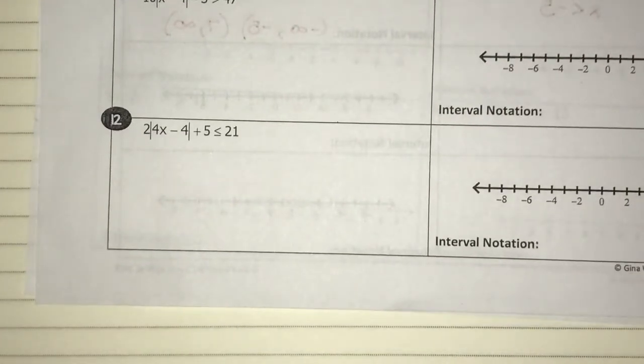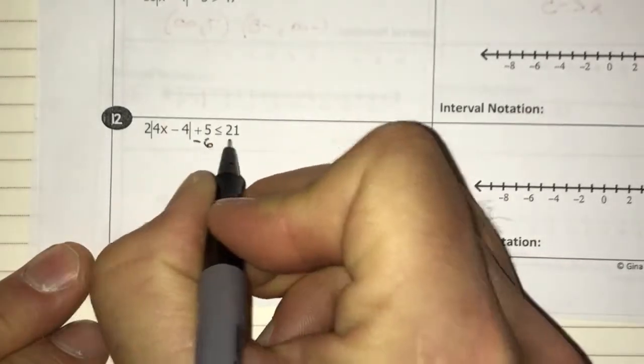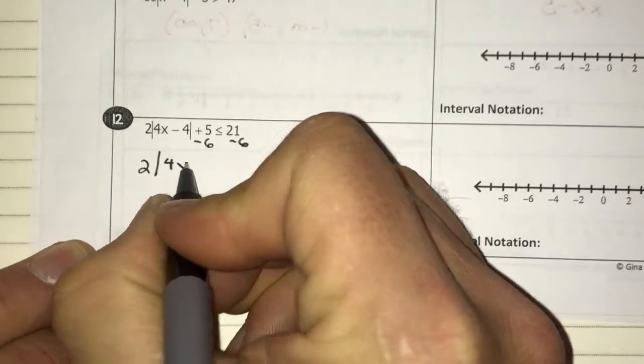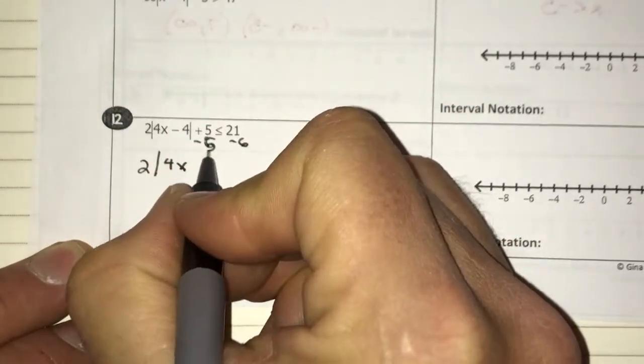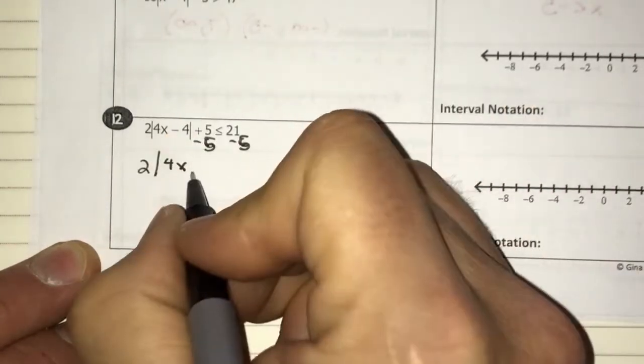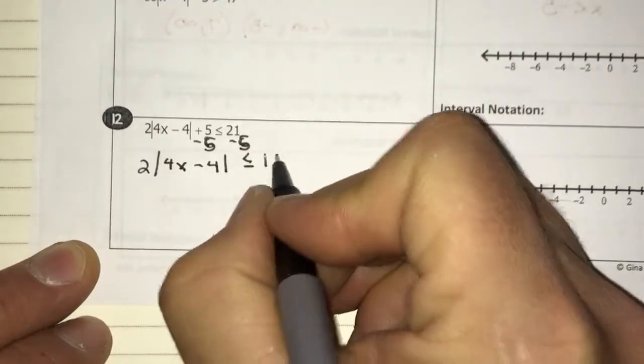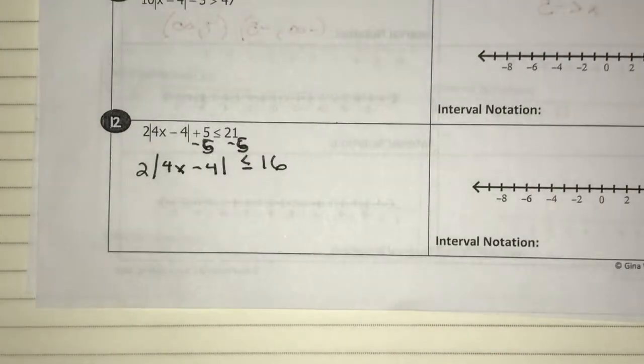Let's do this one. First thing we do here is subtract 6 from each side. Yes, I meant 5. Okay, divide each side by 2.